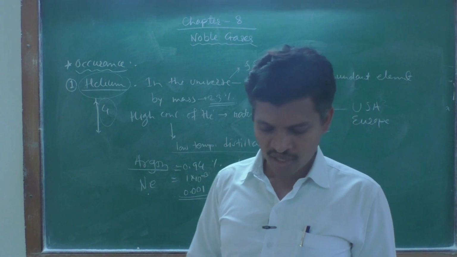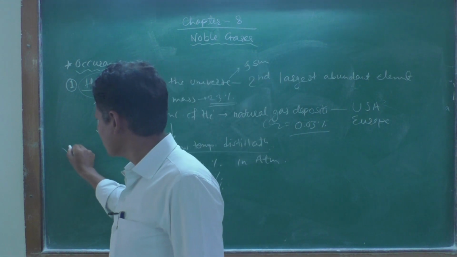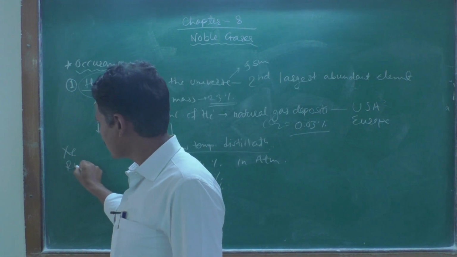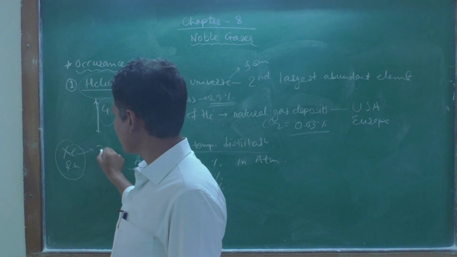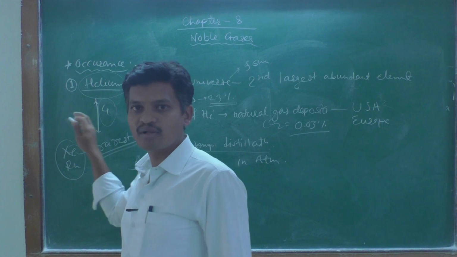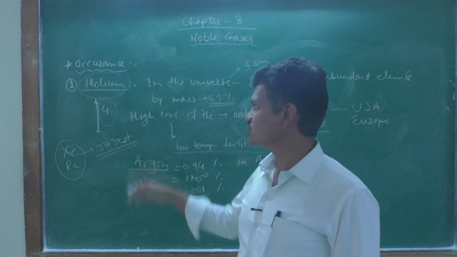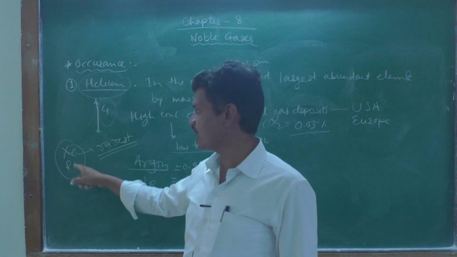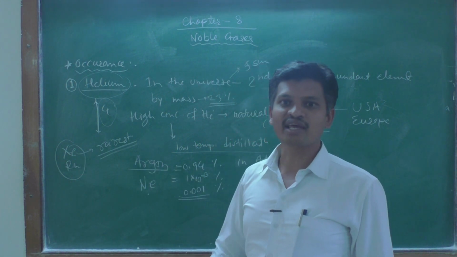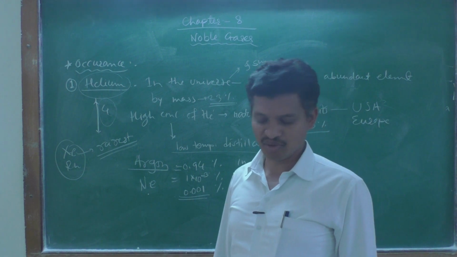Xenon and radon are the rarest elements of group 18. Out of the six elements, xenon and radon are the rarest present.